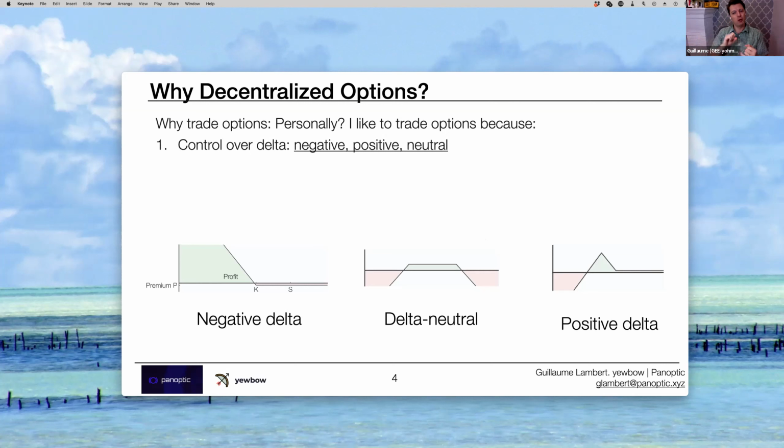So those are the 2 motivations: the composability between short puts, short calls, long puts, long calls, and also not having to interact with someone else. And that made us revisit what is an option. The UniV3 primitives seem pretty good, and that allowed us to do short puts and long puts.